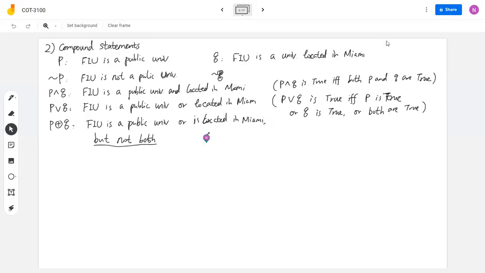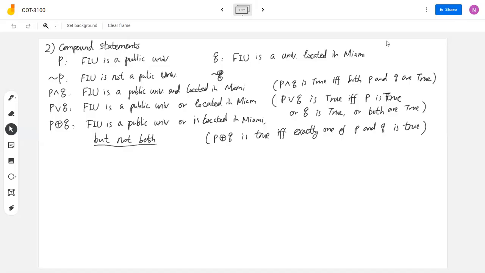So P exclusive or Q is true if and only if exactly one of P and Q is true. So if both P and Q are true, P exclusive OR Q is false.